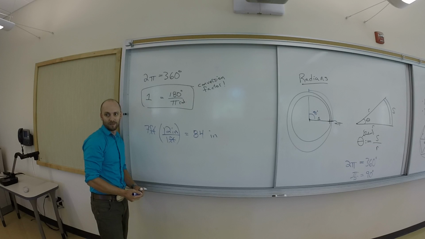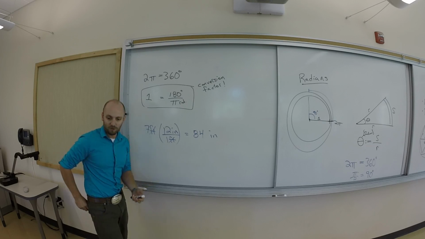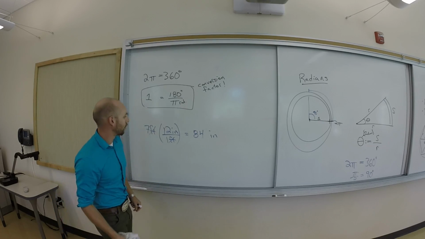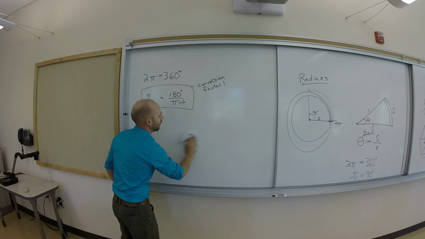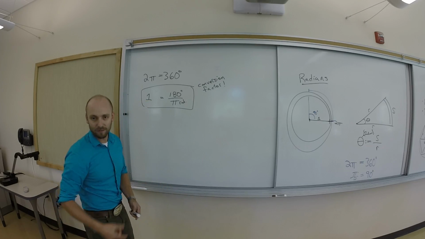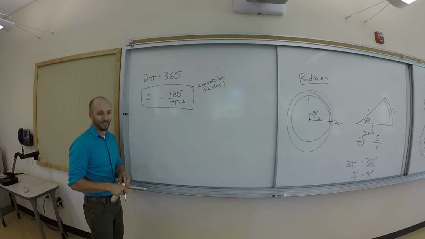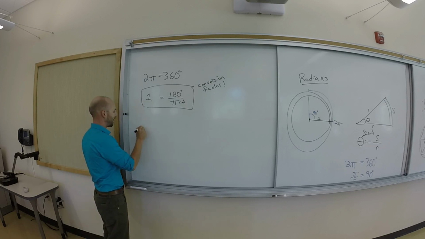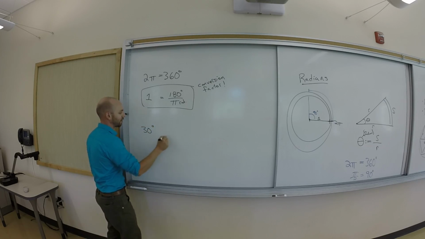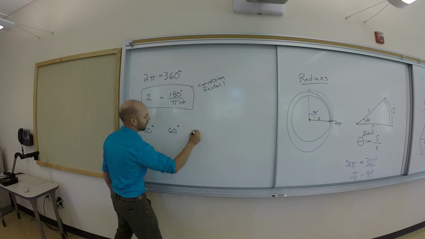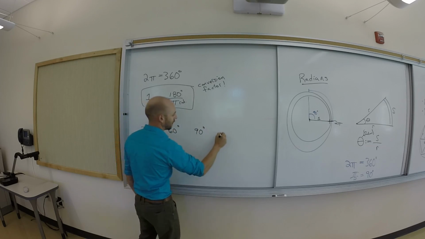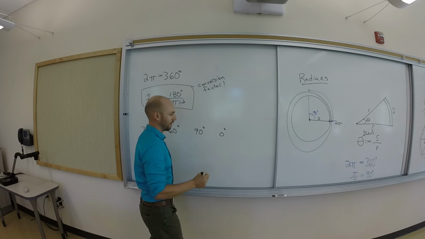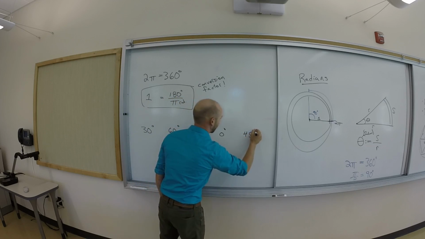Okay, so let's go back and convert our usual things. What are our usual angles? 30, 60, 45. I should be able to convert 30 degrees, 60 degrees, 90 degrees, 0 degrees, and 45 degrees.